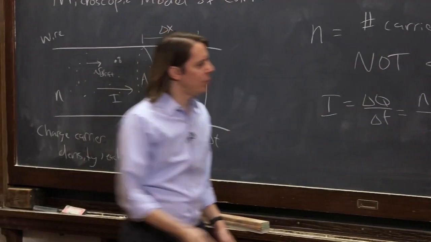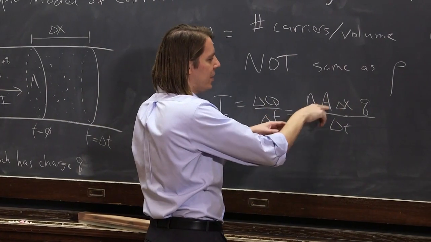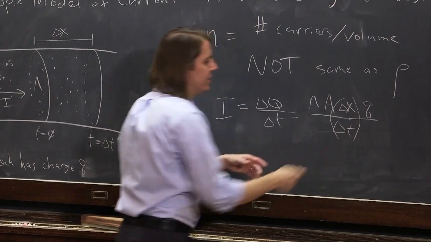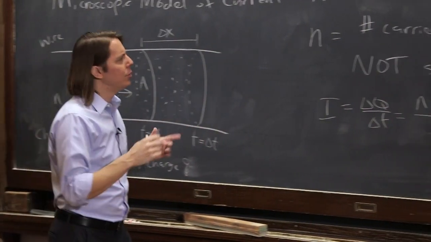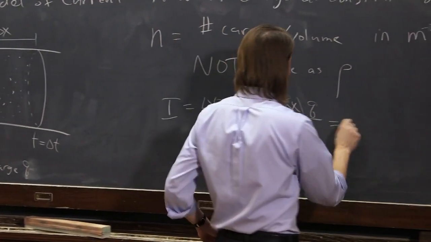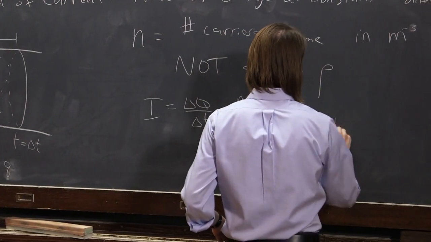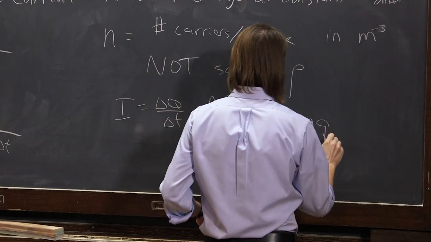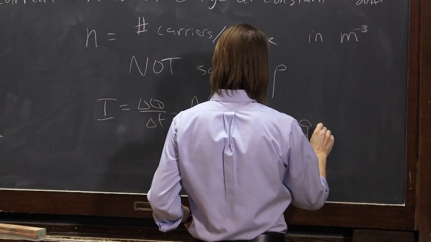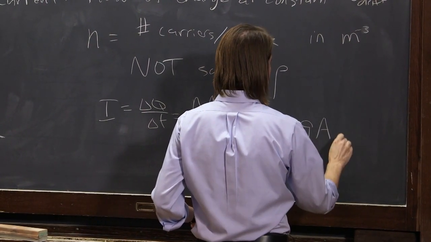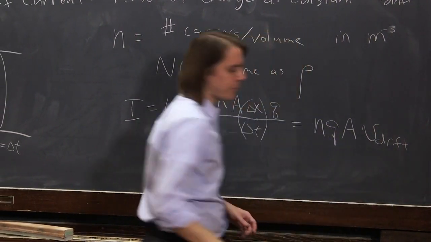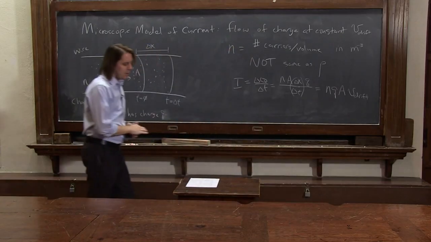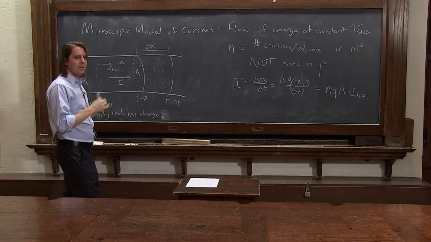Okay? So if we look, we can see delta x over delta t, and that is v drift, how far they go in a certain amount of time. So the microscopic model for current is that it's n, which is the number density, q, their charge, A, and v drift. So we're going to use that as we think more about current.